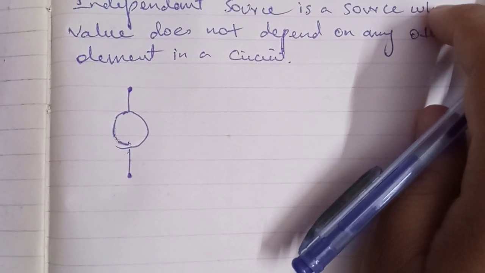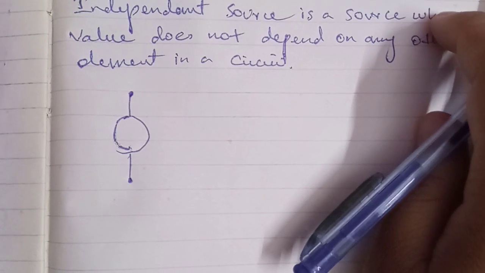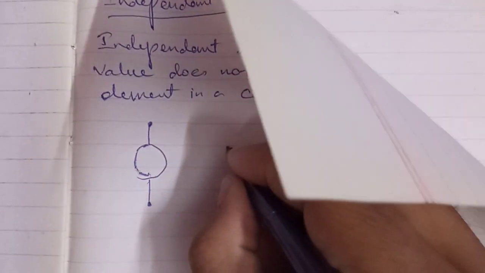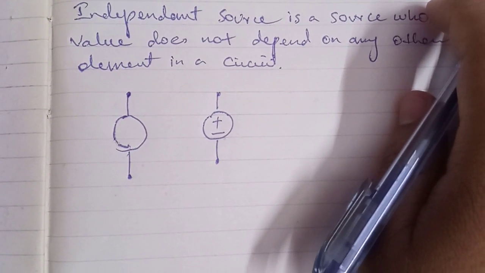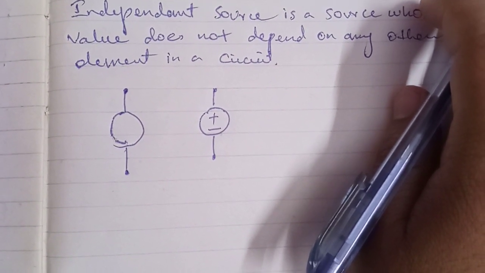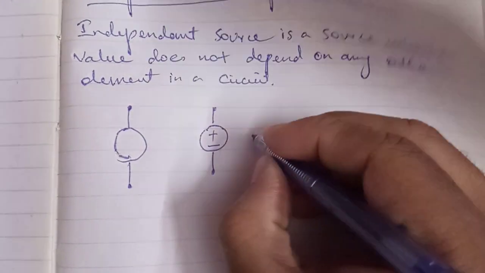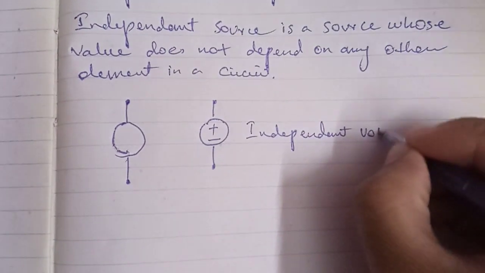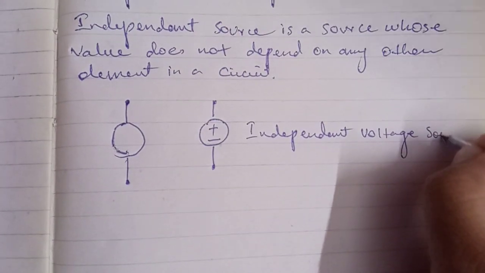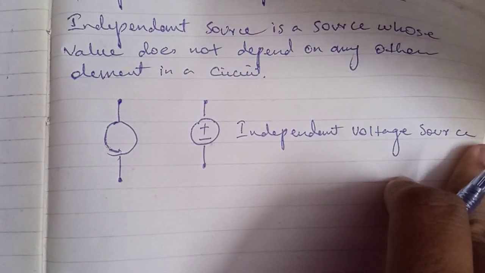Now if I mark the polarity positive negative, i.e. plus minus, into this shape like this, now it's an independent voltage source, and it has a fixed value which is independent.